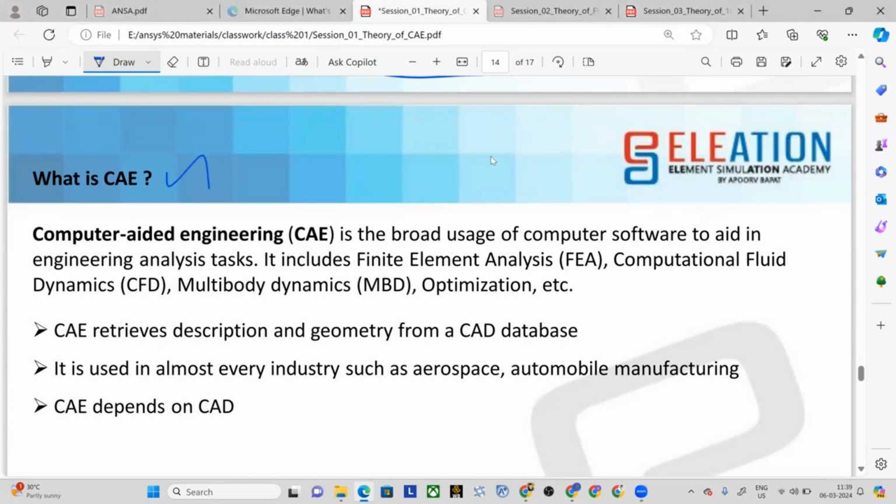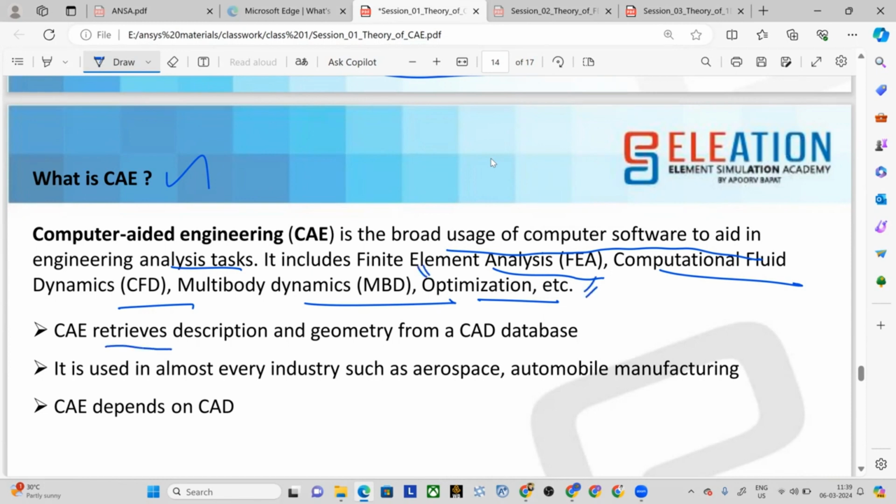So now computer aided engineering is a broad usage of computer software to aid in engineering analysis tasks. It mostly includes finite element analysis, computational fluid dynamics, multi-body dynamics, and how to optimize things. Optimization is a crucial thing for any CAE engineer, to decide how far the modifications have to be done and how to optimize the different parameters involved in the design of the entire component.